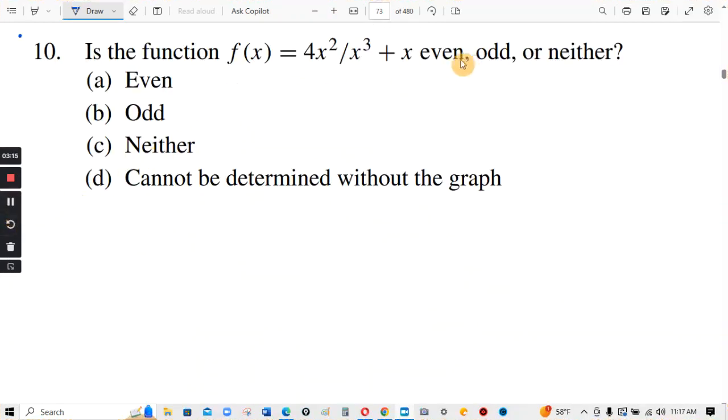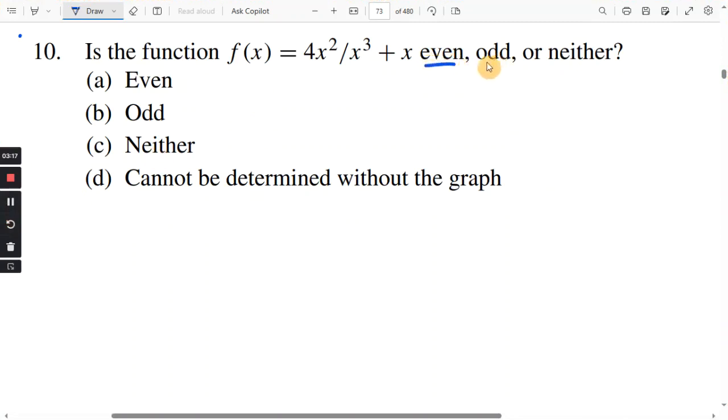All right, last one. Even, odd, or neither. So here's the function right here. Might as well just highlight it. This is the function. All right. So first step, as always, for the even, odd, or neither, we're going to solve for f of negative x. That means we sub in a negative x wherever you see an x.